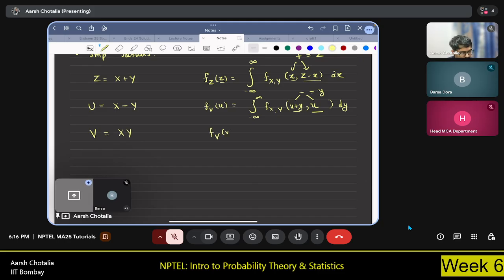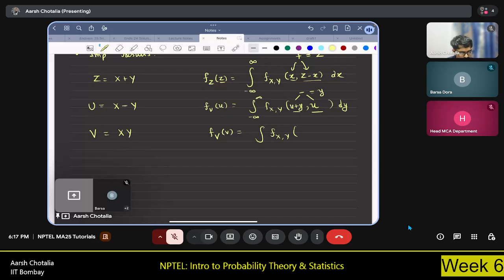Similarly, if v is xy, then f_v of v, again, the product of the numbers should be v, which means if this is x, then this has to be v divided by x, here by a factor of x. So that is the Jacobian term that will come here.